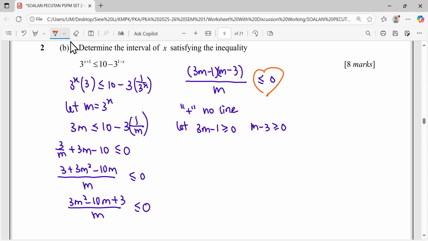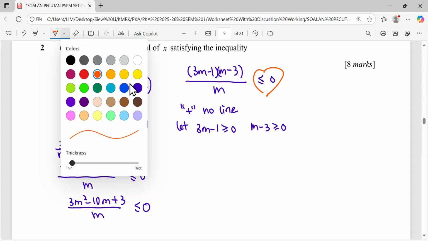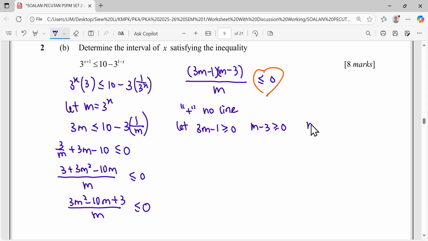Okay? And the denominator, when you want to let it be positive, it is only more than 0. The denominator cannot take 0. Okay, so n more than or equal to 1 over 3, n more than or equal to 3, n more than 0. So find out what our region is for n here.